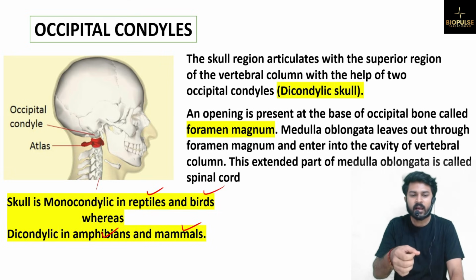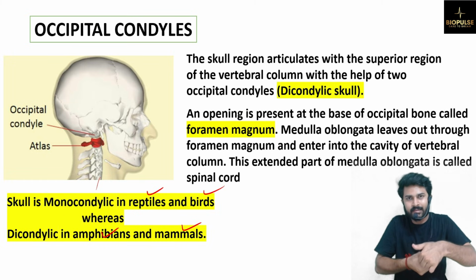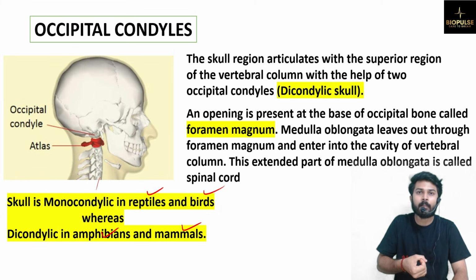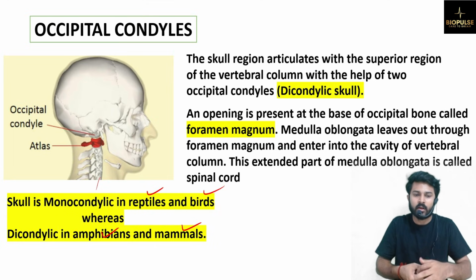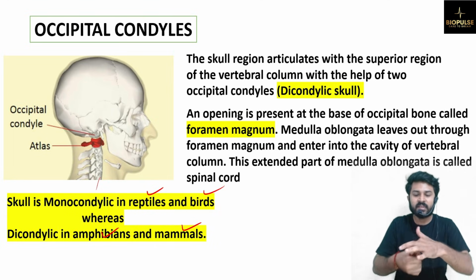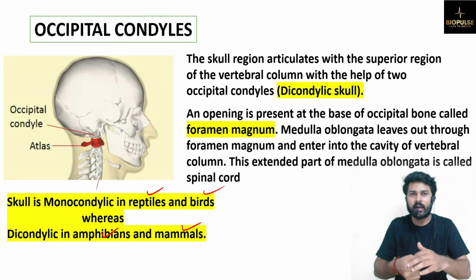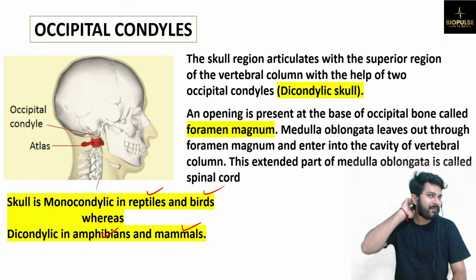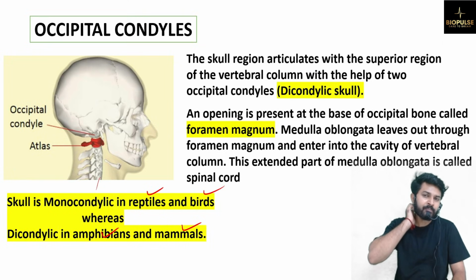Now, on the base of the occipital bone there will be a hole like this, which is known as foramen magnum. What is it called? Foramen magnum. What is the use of this foramen magnum? Here you would have read about the brain. The last part is the medulla oblongata.